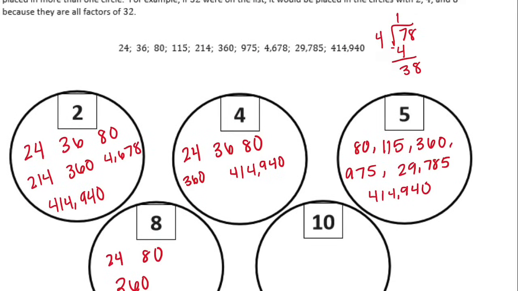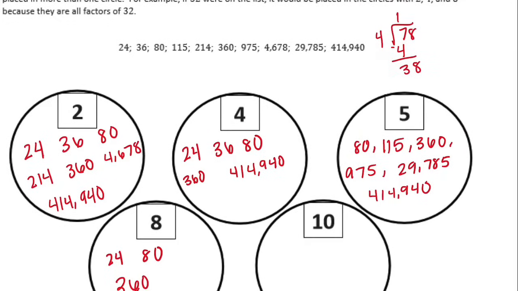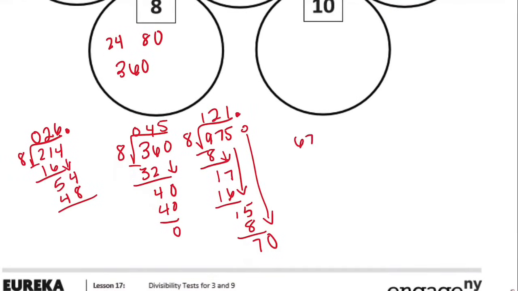4,678. So here's where we get to the point where we only have to look at the last 3 digits. So we're just looking at 678. So I'm going to do 678 divided by 8. 8 can't go into 6, but it could go into 67. Let's see, 8 times 8 is 64. 8 goes into 38.